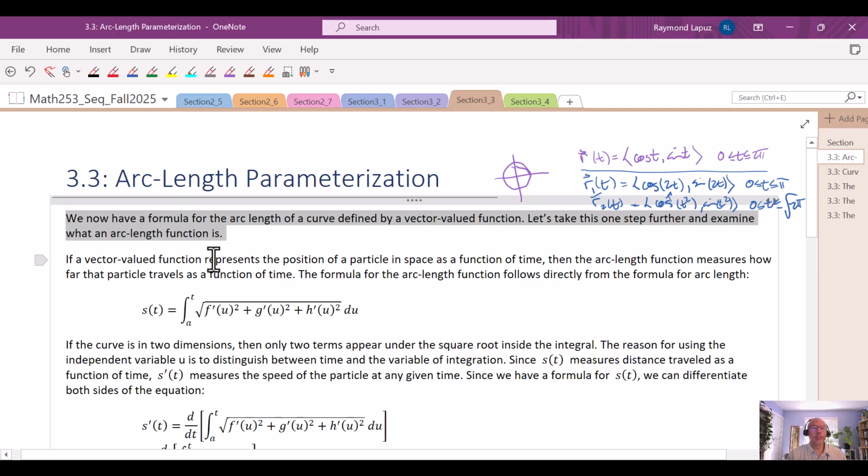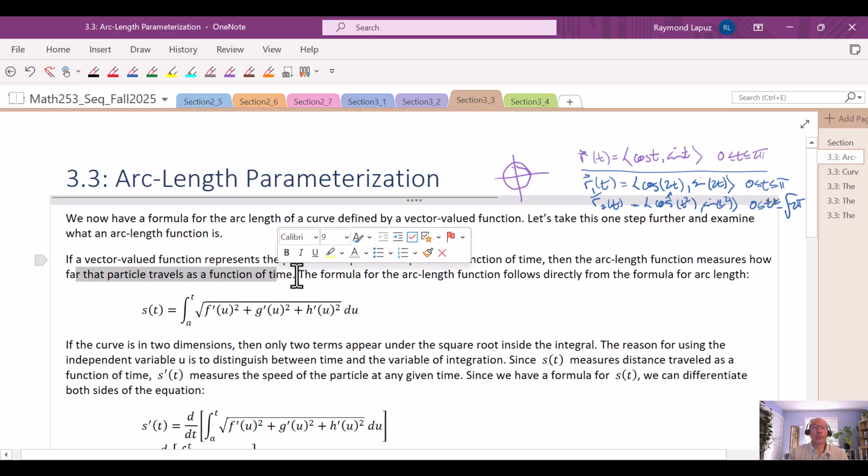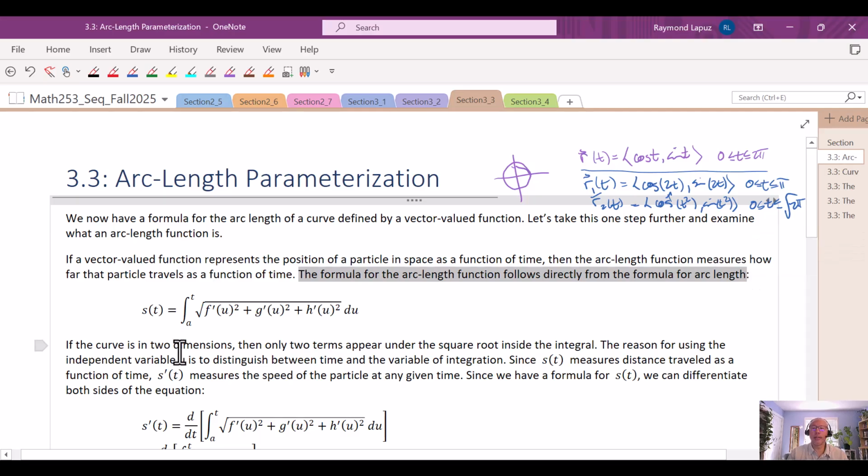So a vector valued function represents the position of a particle in space as a function of time. Then the arc length function measures how far the particle travels as a function of time. The formula for the arc length function is taken directly from the formula for the arc length. So now we're making this a function of t.